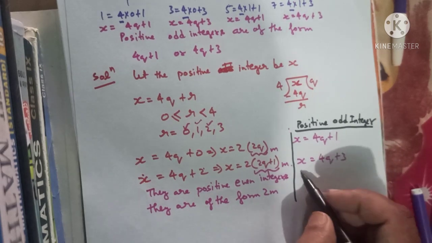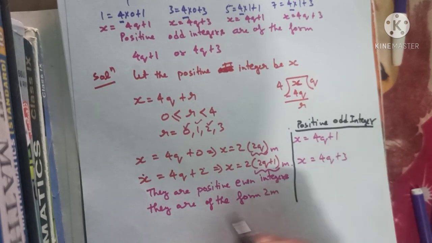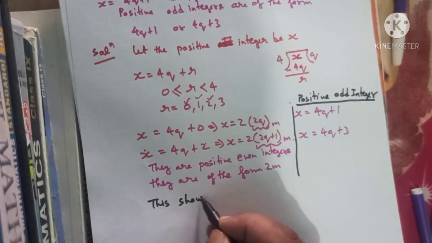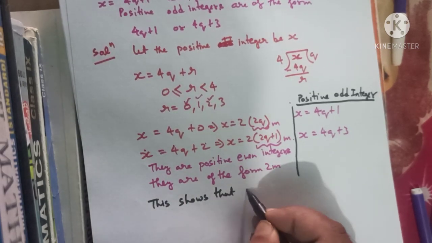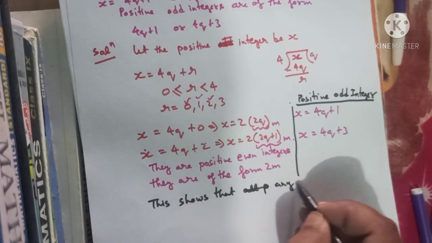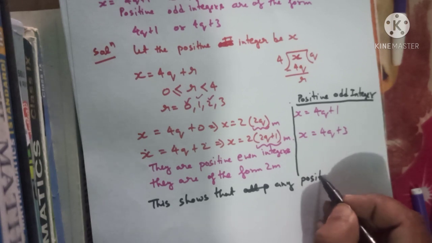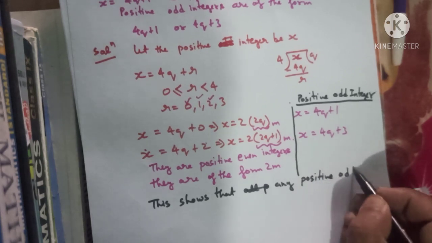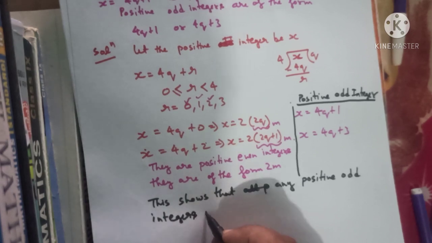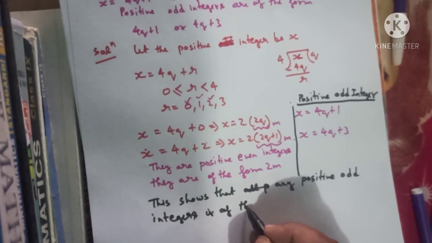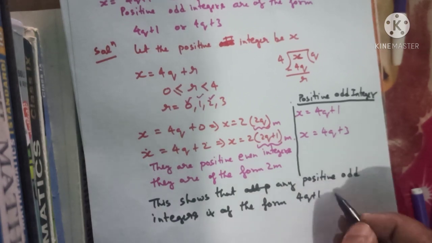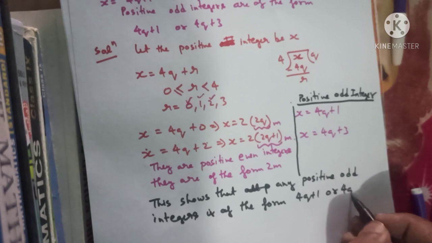So this shows that any positive odd integer is of the form 4q plus 1 or 4q plus 3.